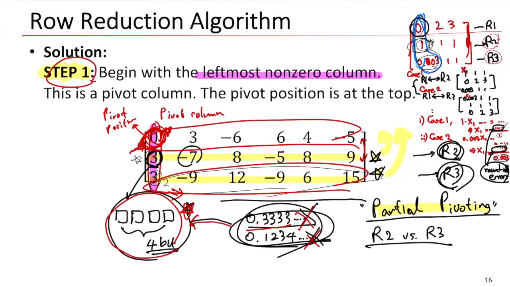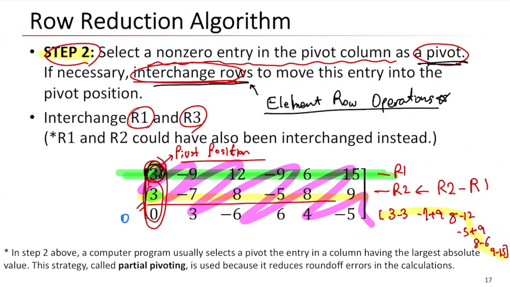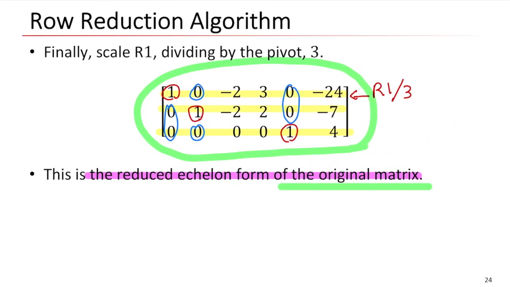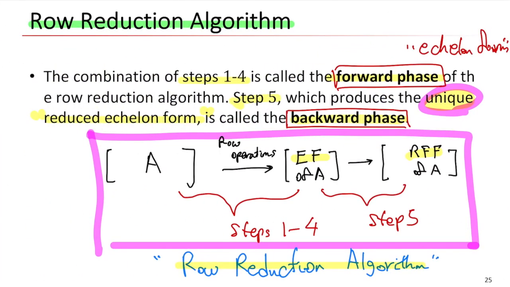So where is the example? Yeah. There is a summary of the row reduction algorithm. So it consists of 5 steps, right? So from the original matrix A, we use the elementary row operation to convert the original matrix A into the echelon form of matrix A, like that.